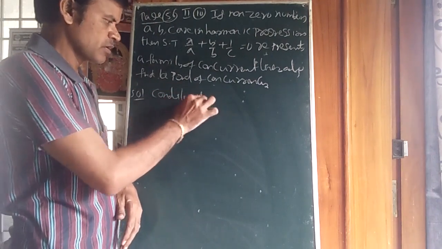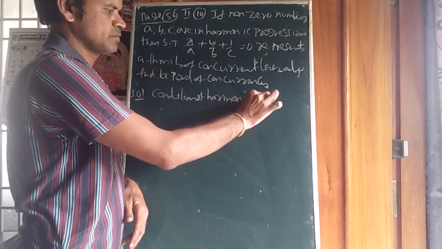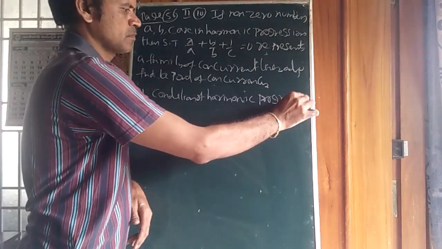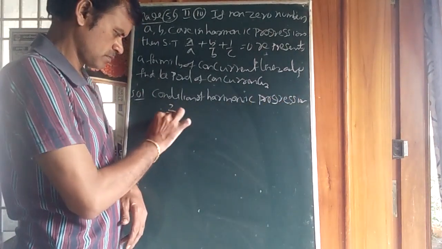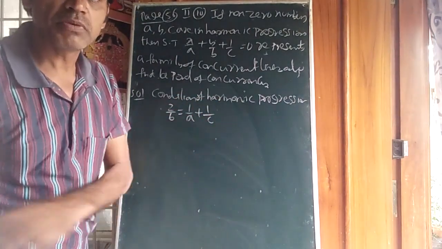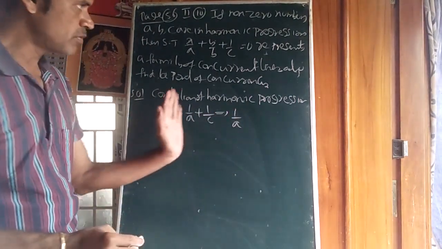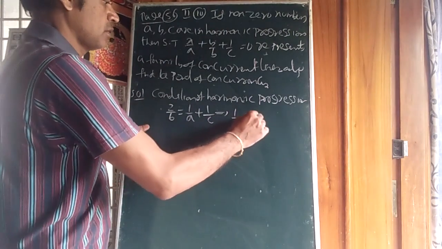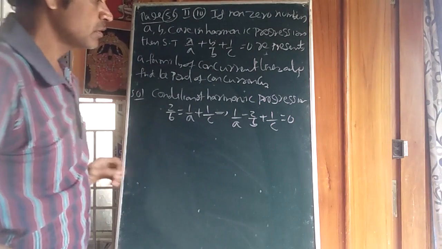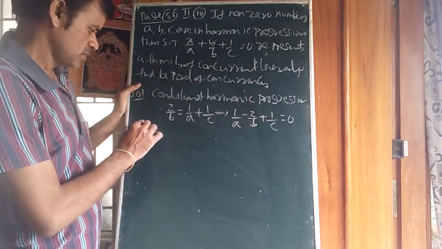Write it like this, taking this side: 1/a - 2/b + 1/c = 0, and compare with the line x/a + y/b + 1/c = 0.